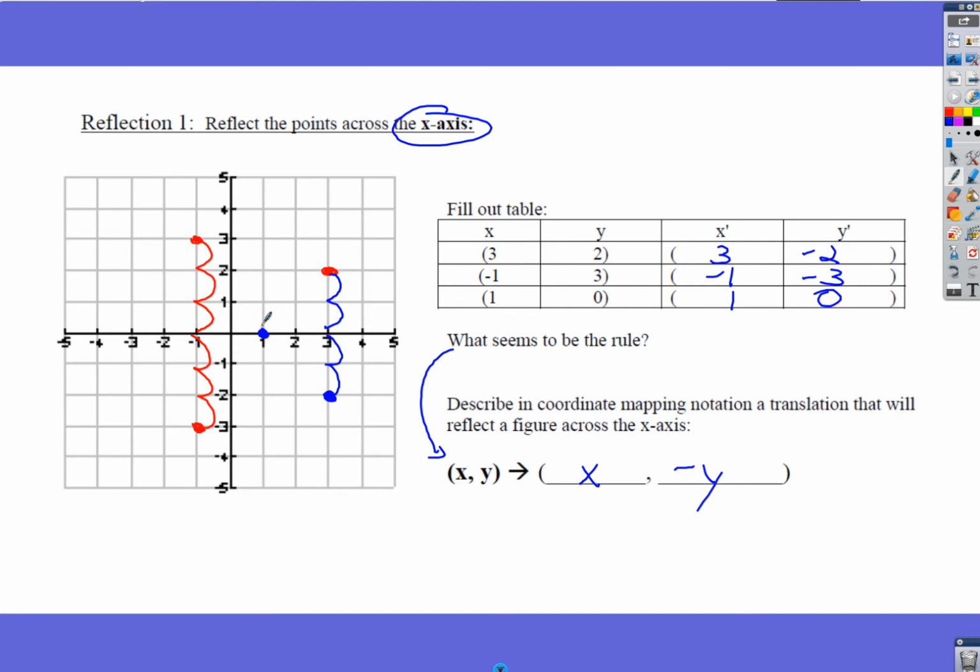There's nothing to flip over. It's just staying right there. If a point lies on an axis of reflection, nothing happens to it. It just stays right there. Any questions here?